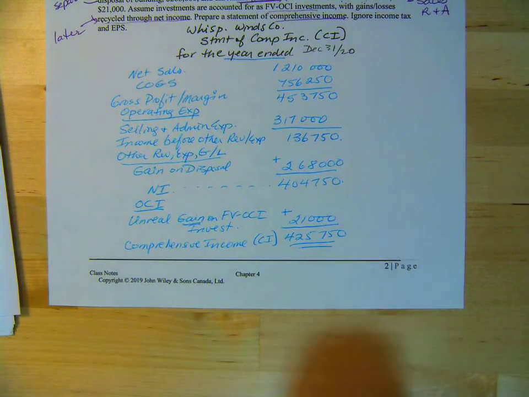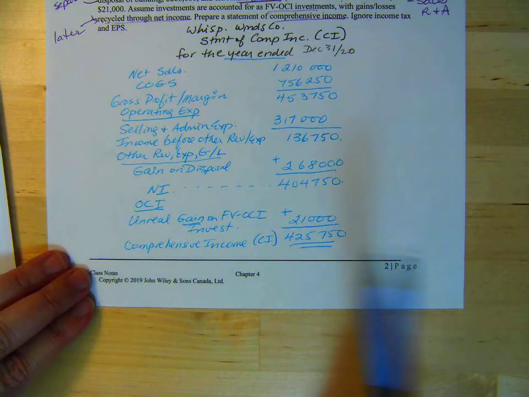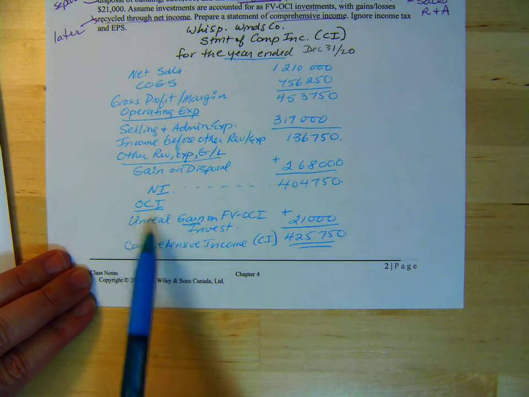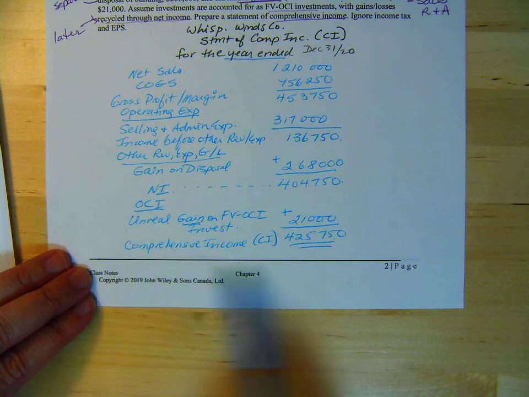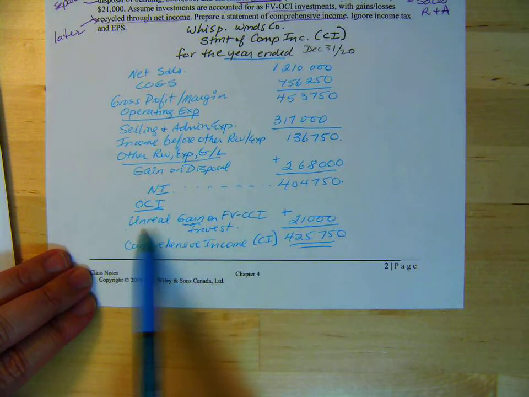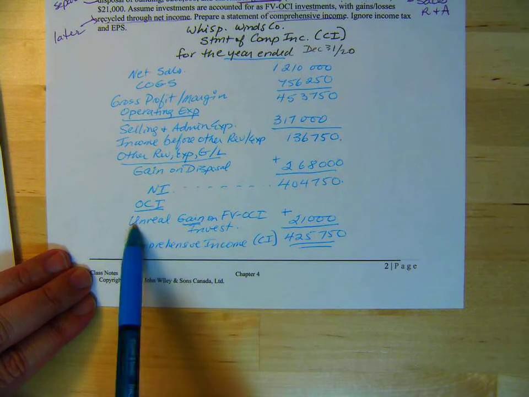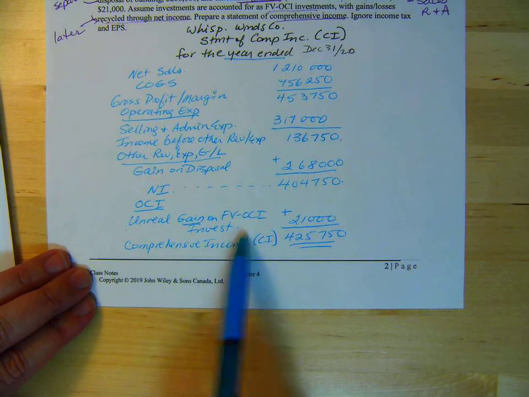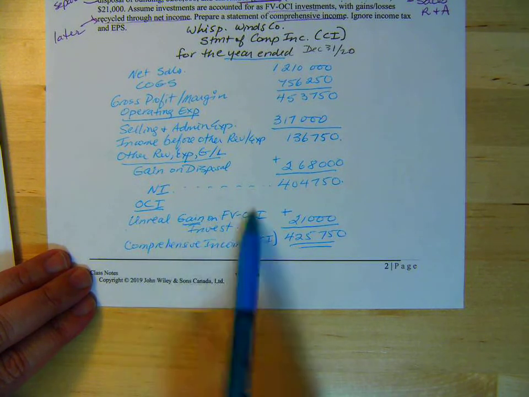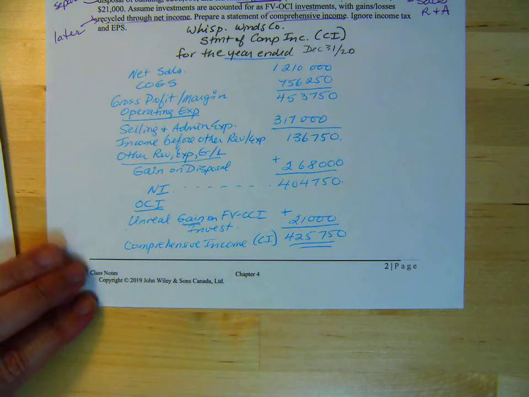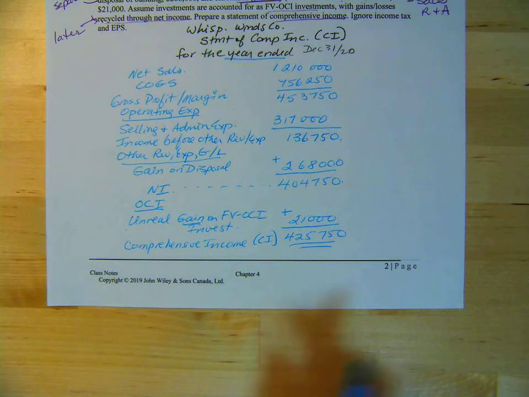And that is the basics of a statement of comprehensive income. So all this stuff I've known already, it's this piece that we're adding on here. And we'll talk more about where these come from, but they're generally gains and losses, and they have OCI after them. They all go down here.